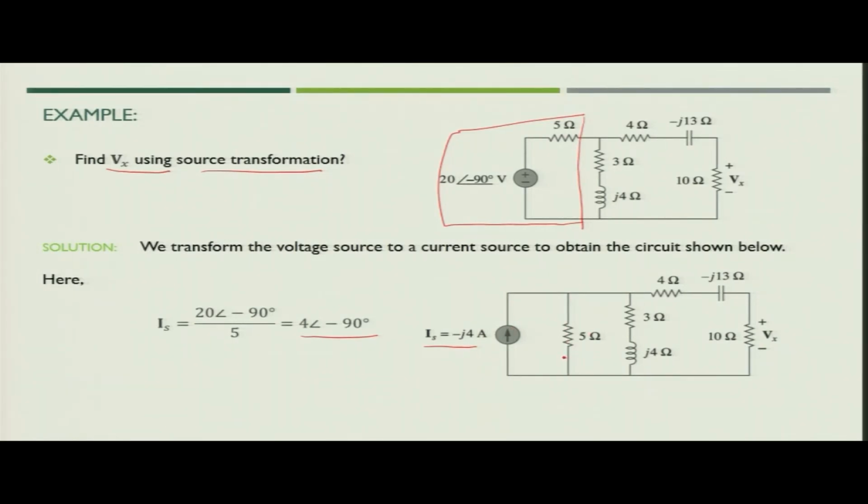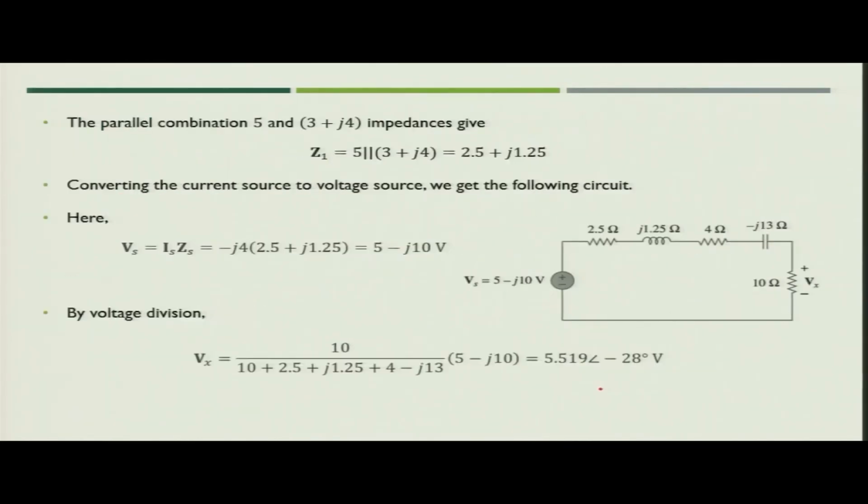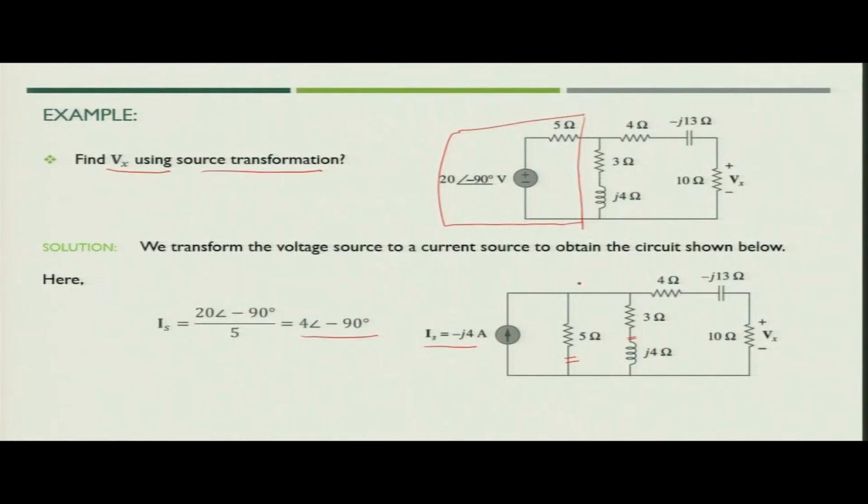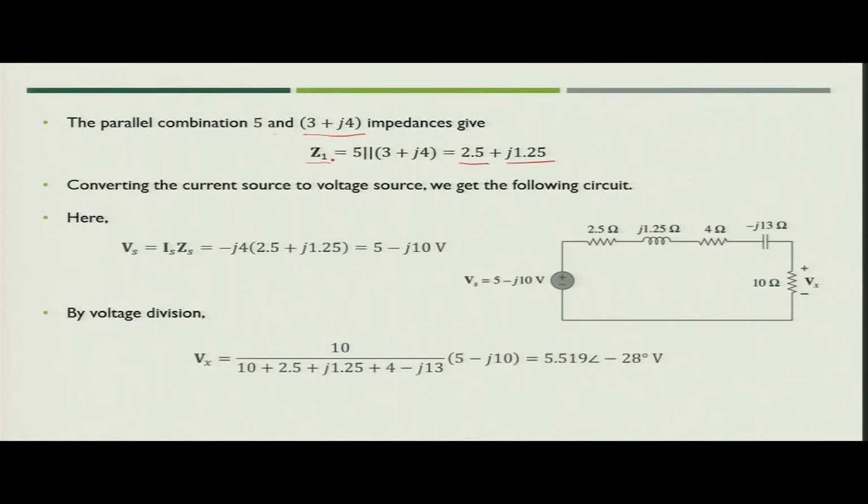Now, if you see the circuit, these two legs are in parallel. So, you can further simplify: the parallel combination of 5 and 3 plus J4 simplifies to, say, Z1. The value of Z1 is 2.5 plus J1.25. Now, this is converted into an equivalent impedance.